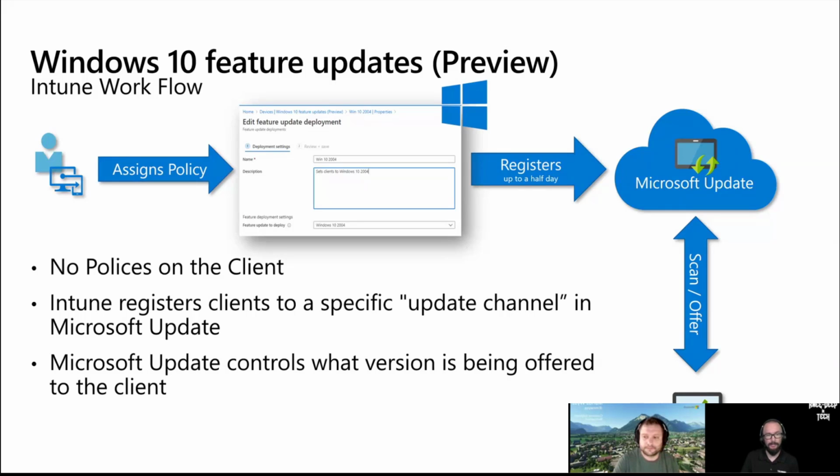Yeah. So the scenario is that you're in an Autopilot state, and correct me if I'm wrong, Marius, where the device gets up and running, but since it may get a feature update pushed to it prior to this process happening, it may update before or in the first hours of its lifetime.